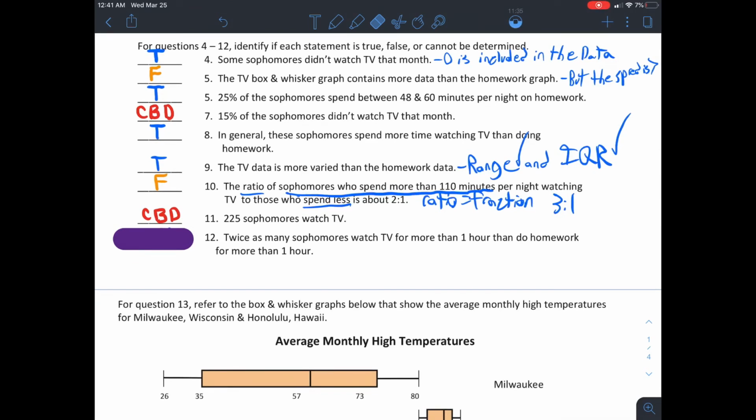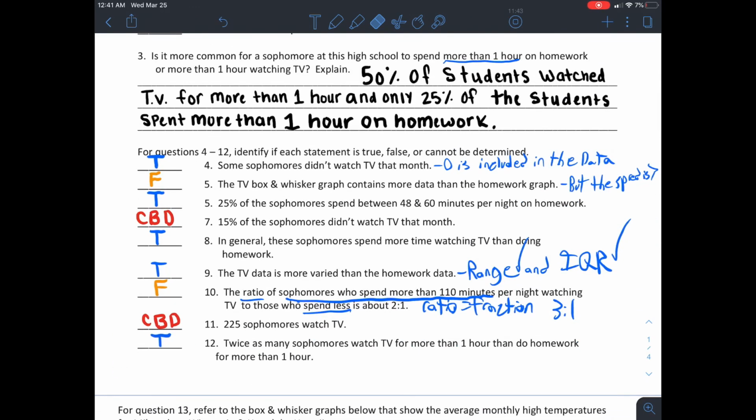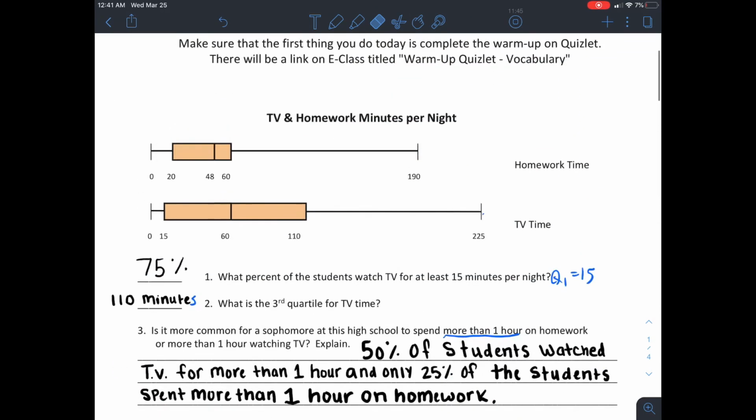Our last one. Twice as many sophomores watch TV for more than an hour than do homework for more than an hour. For more than an hour, we have 25% in the half of our box and 25% in our whisker. So for more than an hour, we have 50% of students watching TV.